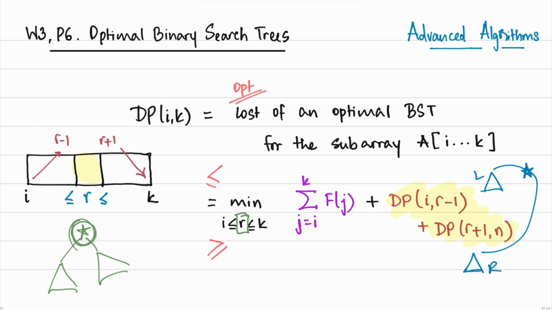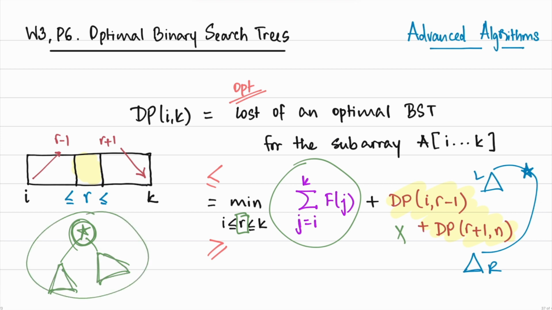So if you manage to do better than us, then that means that something is broken with the induction hypothesis, because this BST must have paid this cost anyway to access the root as we went around accessing all the elements. And on the rest of it, well, for this BST to beat us, it must have done strictly better on at least one of these subtrees, right? But then that would violate our induction hypothesis, and that's basically the sketch of the argument for why this recurrence is actually correct.